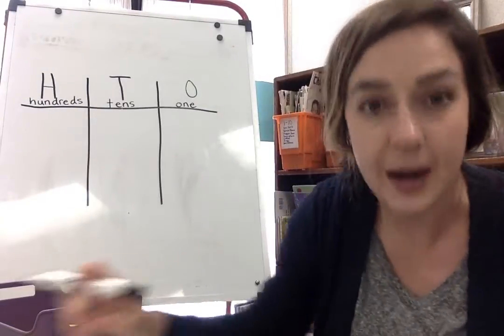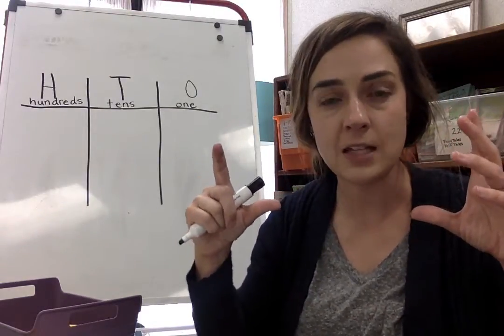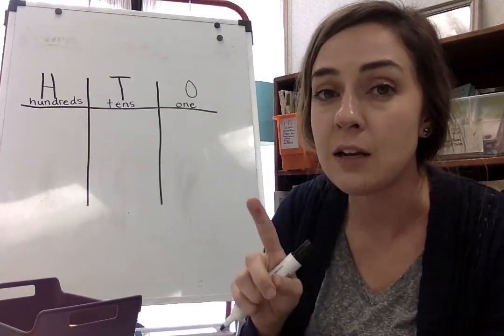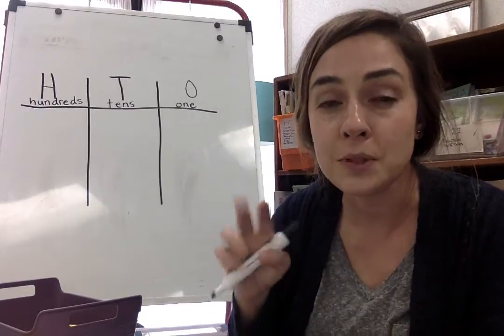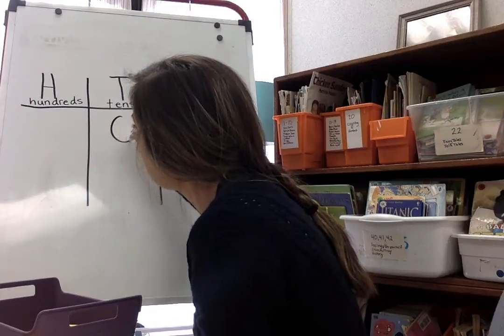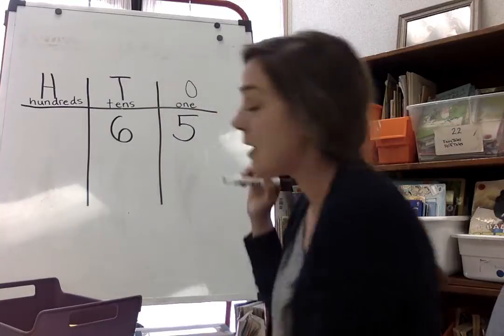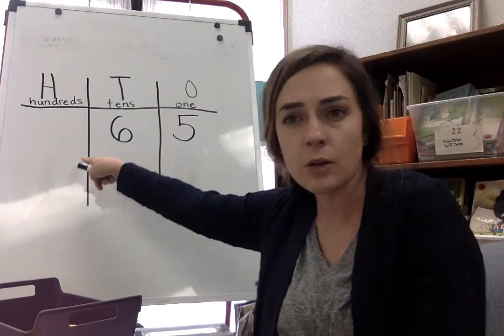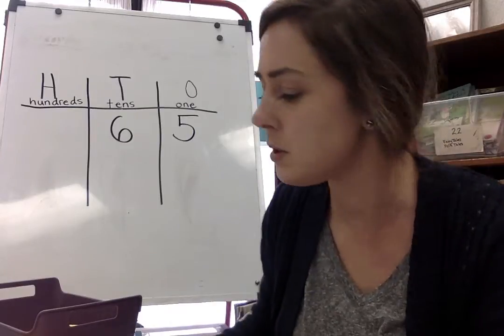In the box number 1, I want you to use the big square flats, the long skinny rectangle sticks, and the small square cubes to show me this number. Now, I notice that there's nothing in the hundreds place, so you won't be using any flats.